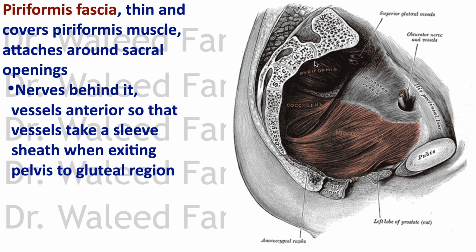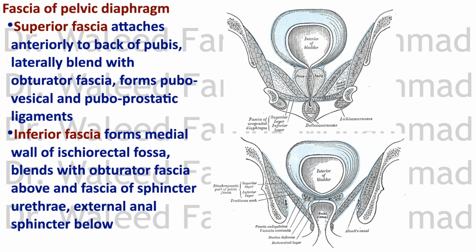So remember this: the nerves are behind the piriformis fascia. You will be asked this. You will face some multiple choice questions about this, and the vessels are in front of the piriformis fascia. This is about the piriformis fascia.